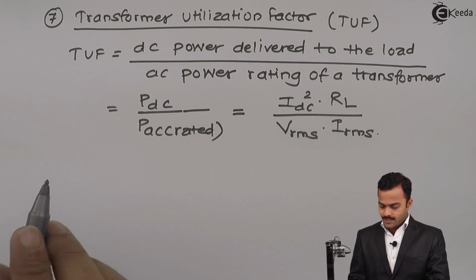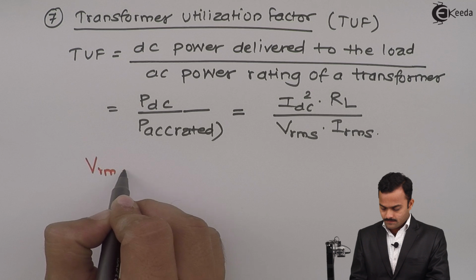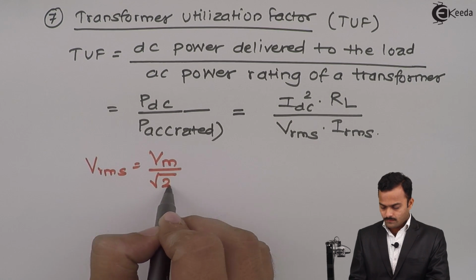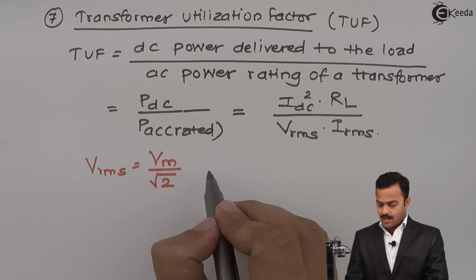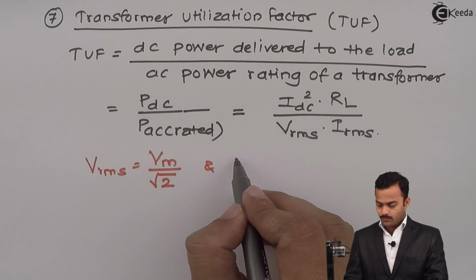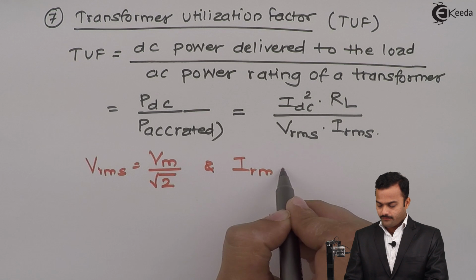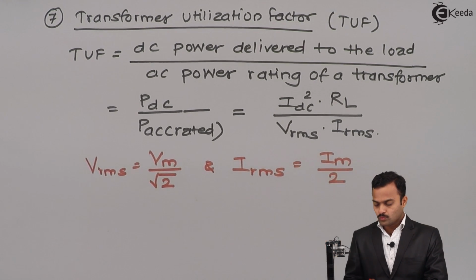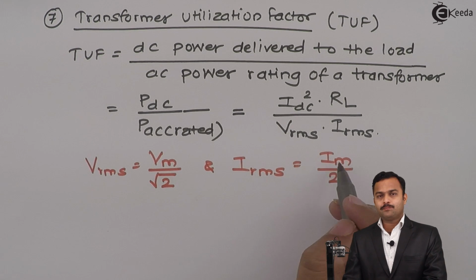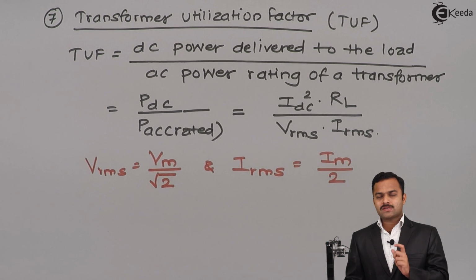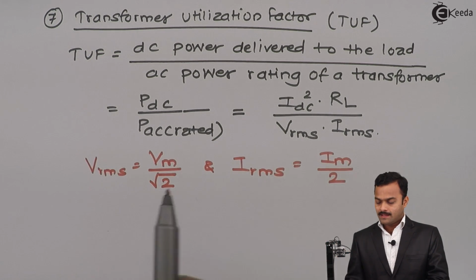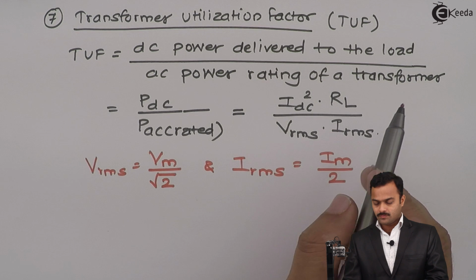Now, Vrms is simply Vm upon root 2, but Irms we have calculated for half wave rectifier as Im upon 2. So, this is very important part, because RMS value of a load current is nothing but the RMS value of current flowing through secondary of a transformer.